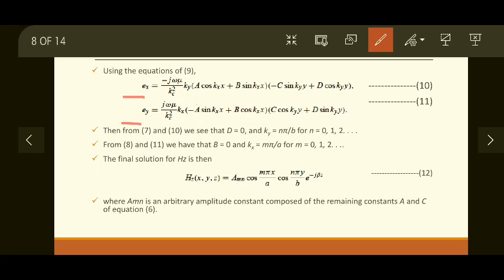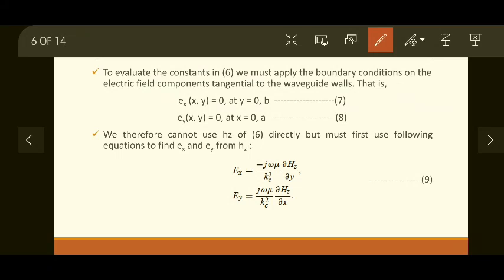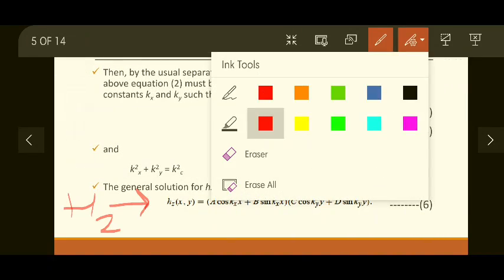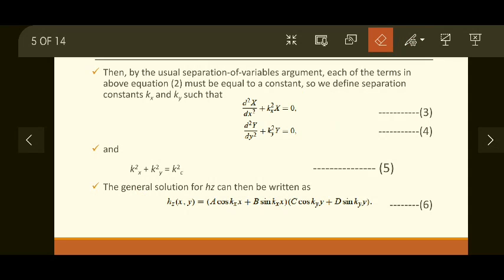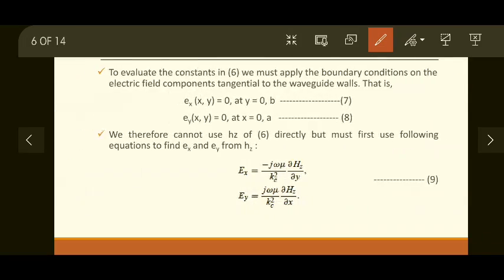Okay, so if you see the general solution, here we are differentiating this Hz with respect to y for the Ex component. So with differentiation with respect to y, this term will not be differentiated and this term will be differentiated. Now cos differentiation is minus sine and sine's differentiation is cos. So that's what you will see in the equation for Ex.